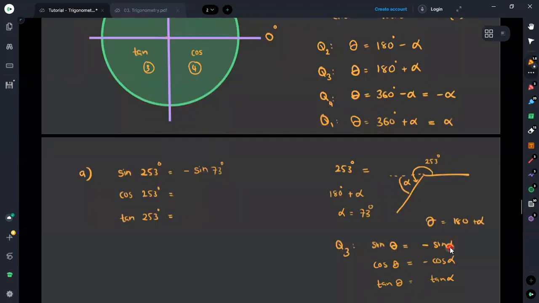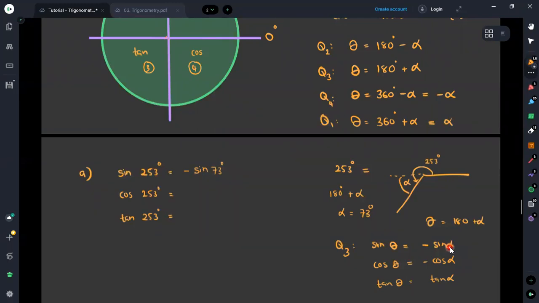Therefore, instead of calculating sine 253, we can say that this would be equal to the sine value of the associate acute angle 73 degrees, but multiplied with a negative sign, since the sine ratio has a negative value in the third quadrant.